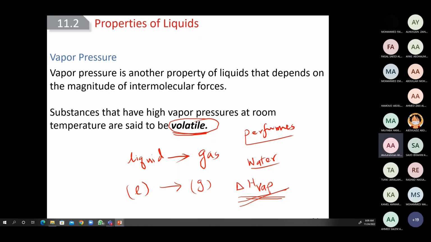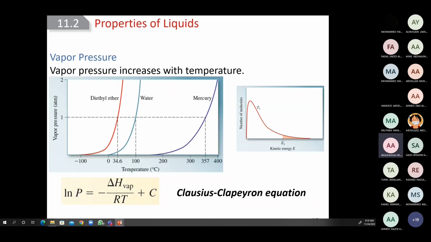The smaller or lower the number, this means more volatile. Clear? Okay. We can see this clearly in this equation.